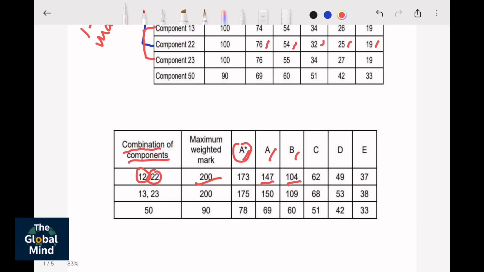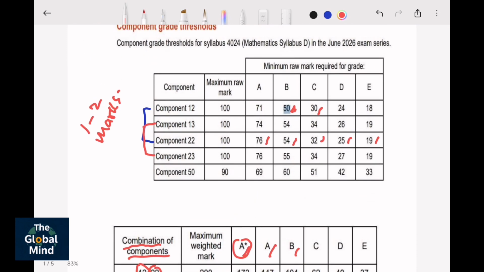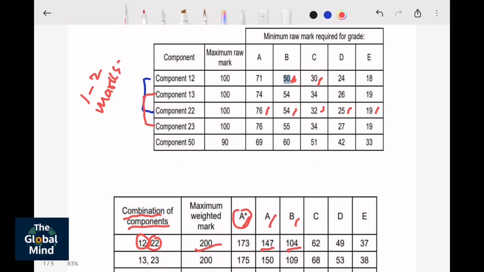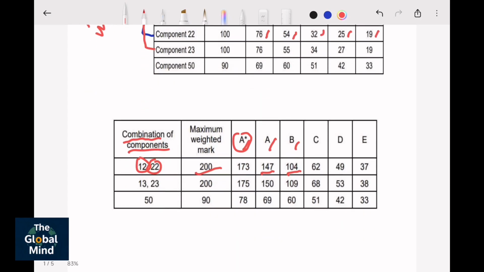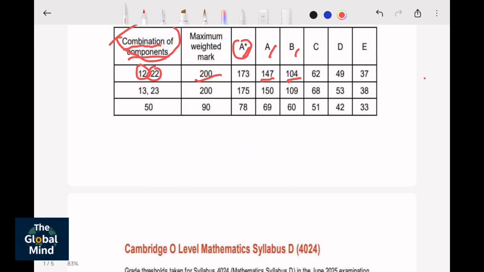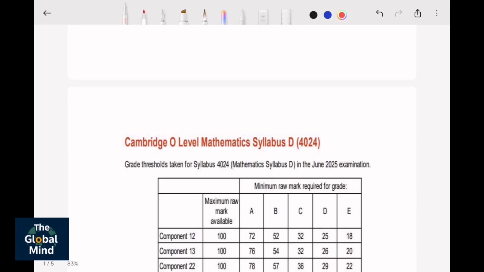Only then do they find out the A star. In component-wise, if you look here, they don't mention the threshold for the A star. The reason is that they do it on the combination of all the components. So this is the first thing.